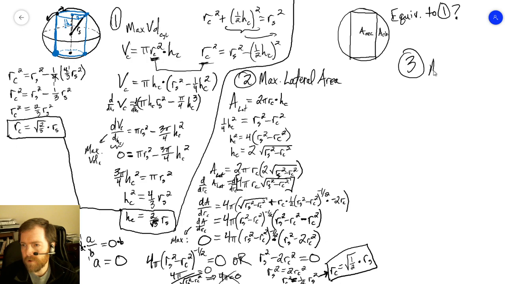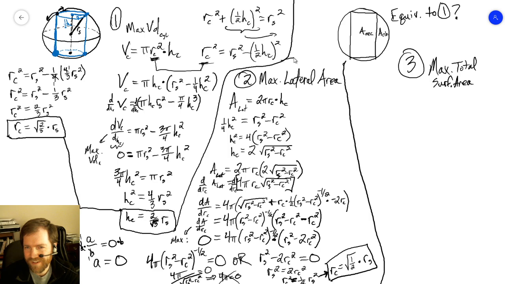All right, so for number 3, we wanted to maximize the total surface area for the cylinder, which again, I really hope we don't run into the same problem we did last time, because that's going to be fun.